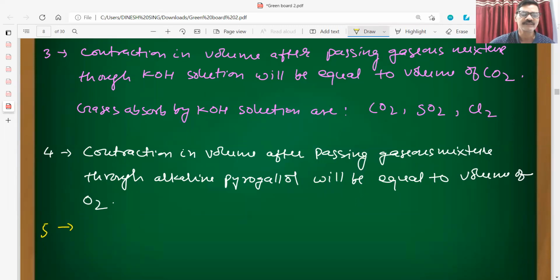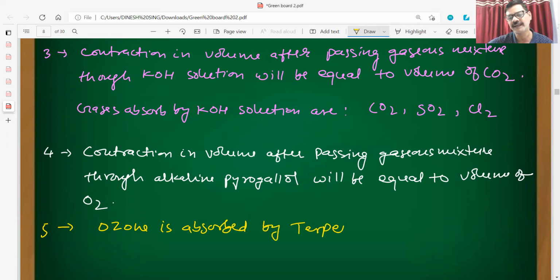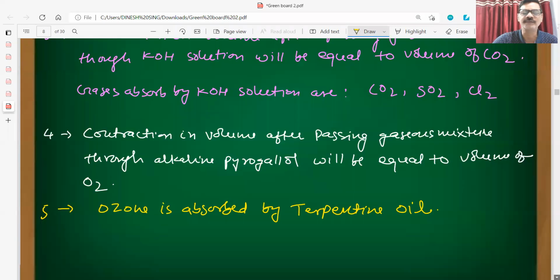Fifth, ozone is absorbed by turpentine oil. So if the gaseous mixture is passed through turpentine oil, the contraction in volume will be equal to the volume of ozone.